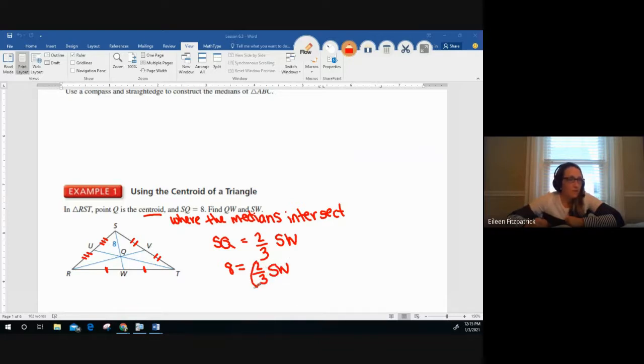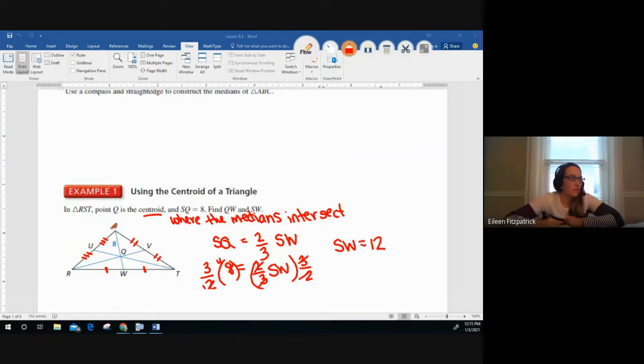I can multiply both sides by the reciprocal of the fraction, so multiply both sides by 3/2. Okay, 3/2 cancels with 2/3. You can cross simplify before you multiply, right? 2 goes into 2 once, 2 goes into 8 4 times. So you're just multiplying the 4 and the 3 together to get that SW is equal to 12.